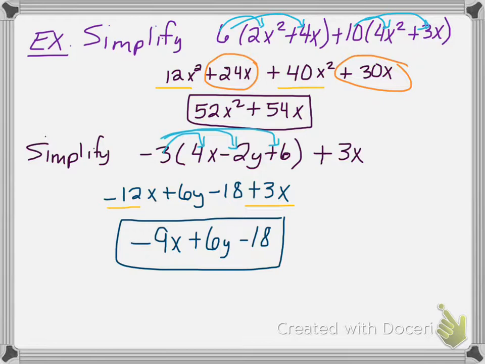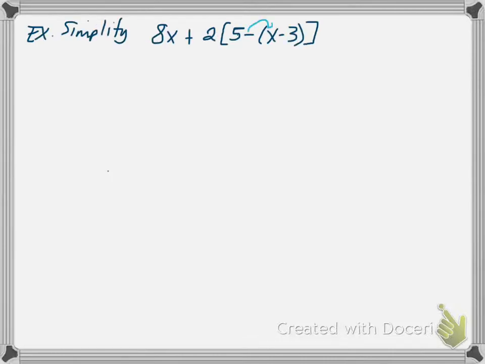And there's one more last example. So let's simplify this one. So brackets, or it's like having another parenthesis. So we first need to work inside of this section. What we need to do first is take care of that negative by distributing to the inside of the parentheses.